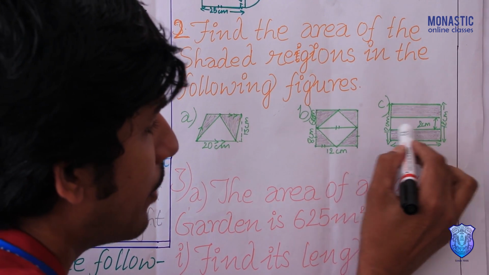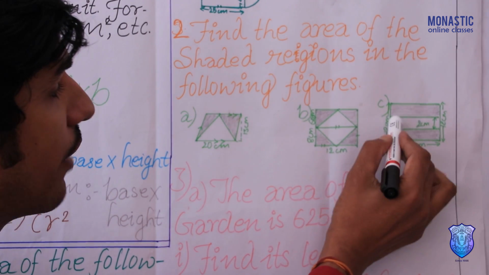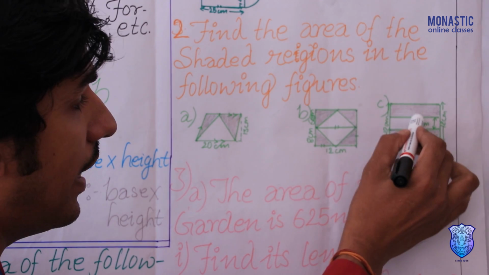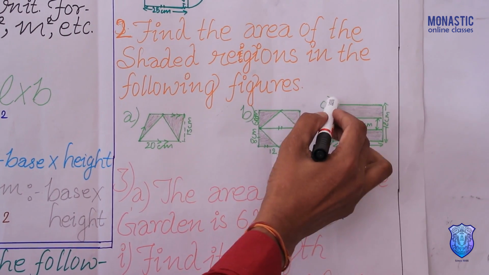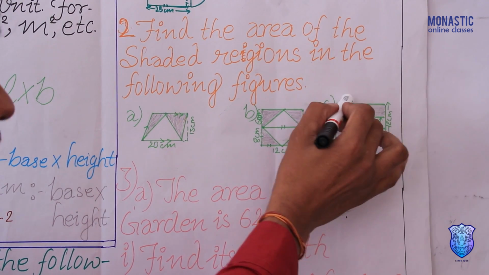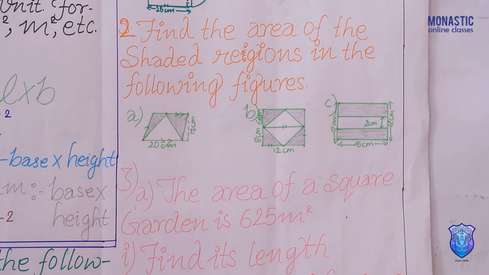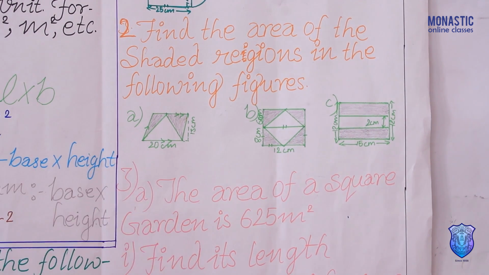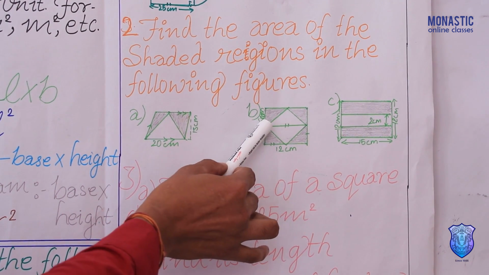This length is 15 cm. Breadth is how much? 2 cm. Find the area of this part. After that, take the difference from the whole part. So what will come? The area of the shaded region will come. So like this, easily you can find the area of the shaded region.